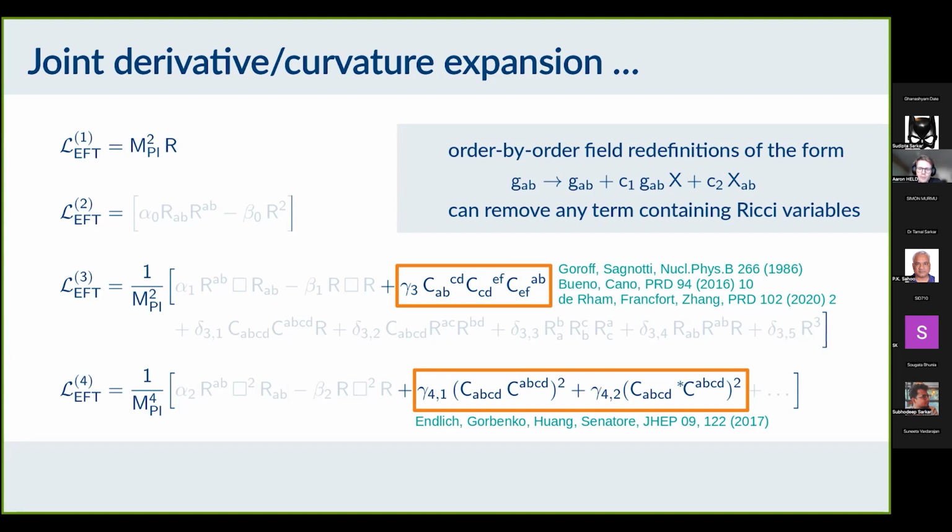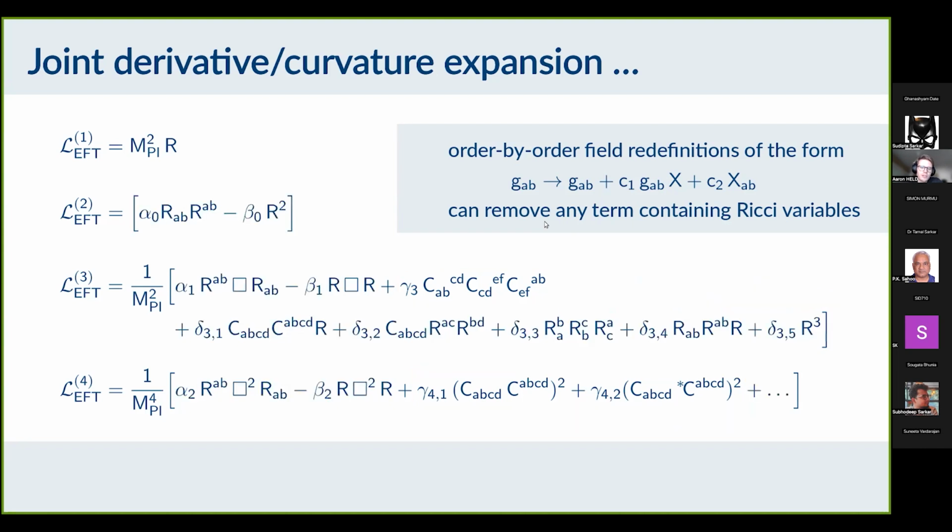So if you trust these field redefinitions, then the leading order corrections in the vacuum EFT expansion around GR would be the cubic ones, and then there would be the quartic ones. And if you're more careful, and you are maybe more concerned about the boundary condition, then the leading ones would be the quadratic ones.